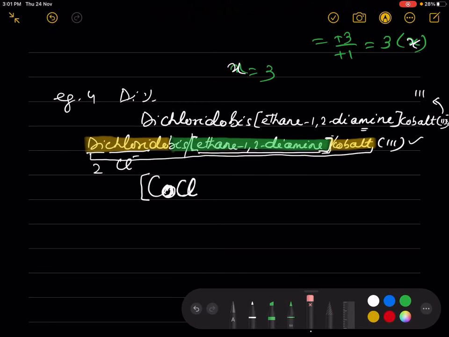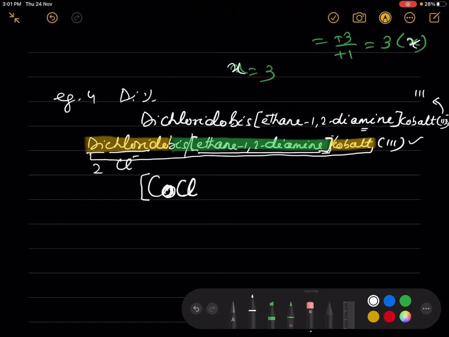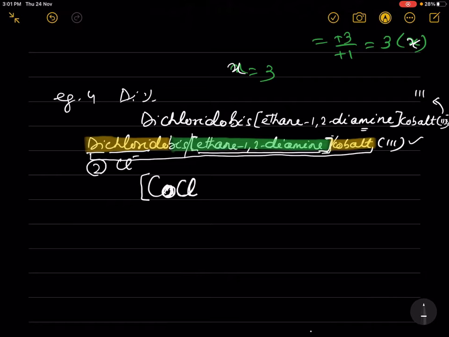There are 2 chloride ions, so I should write 2: CoCl2, and you see ethane 1,2-diamine is written as en.